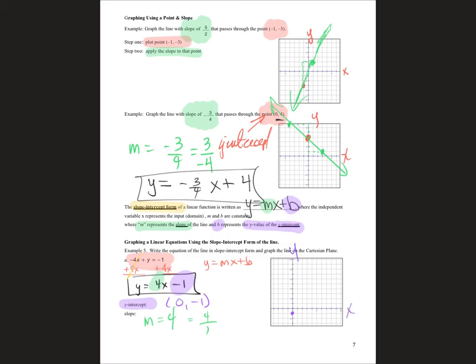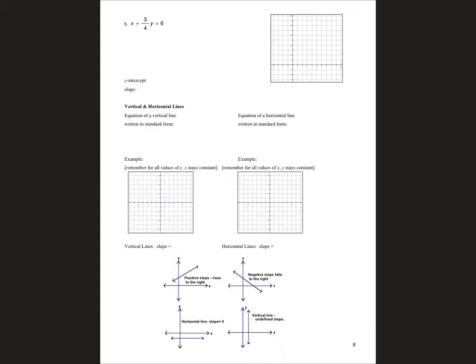I could rise 4, 1, 2, 3, 4, run 1. There's the graph of that line. Beautiful. Let's try another. You try it. Try to put this in slope-intercept form, solving for y. Identify the slope, identify the y-intercept, graph the line. You do it, I do it, pause it, see if we get the same thing.